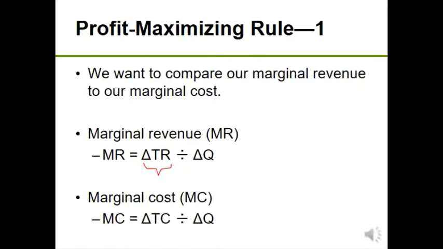Marginal cost, same formula, change in total cost. Remember that Greek symbol delta means change. Change in total cost over change in quantity. And oftentimes, if that change in quantity is 1, then we can just look at the change in total cost.